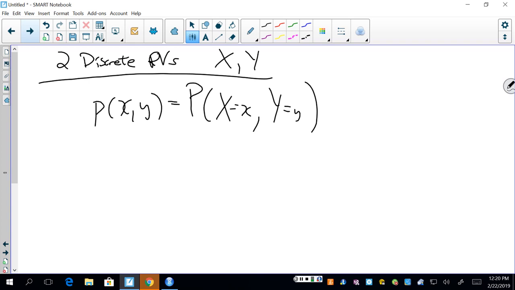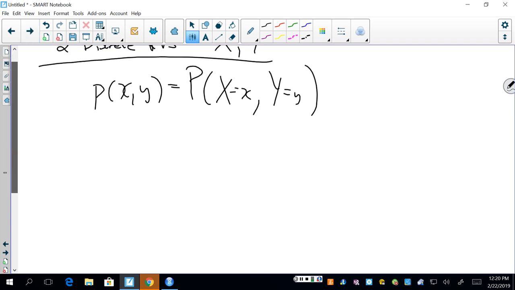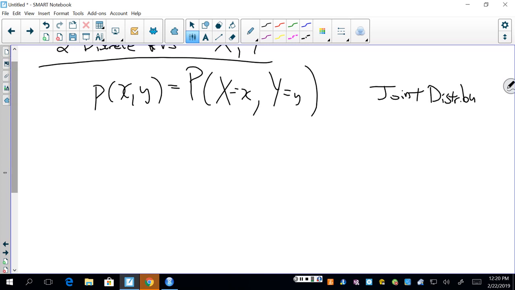For all possible combinations of x and y, you get the probability of some outcome. This is also called a joint distribution. It's bivariate in the sense that there are two random variables. You could have trivariate or higher numbers of variables, but bivariate is two.